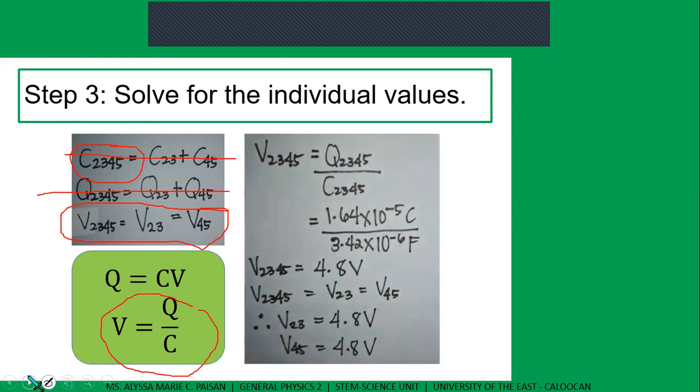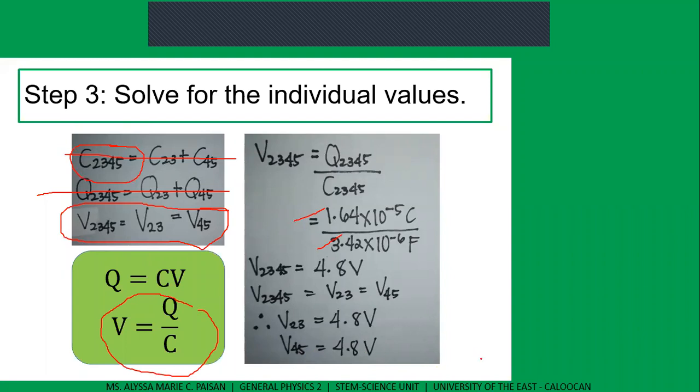Ayan. So, V2345 would be equal to Q2345 divided by C2345. We substitute the value of Q total. Ayan yon. Tapos, yung nakuha natin kanina na C2345. Okay? And since we got the value of 4.8 volts, we could conclude that V23 is equal to 4.8 volts and V45 is equal to 4.8 volts.